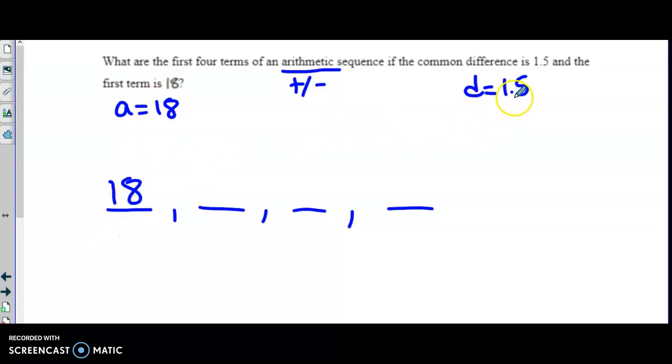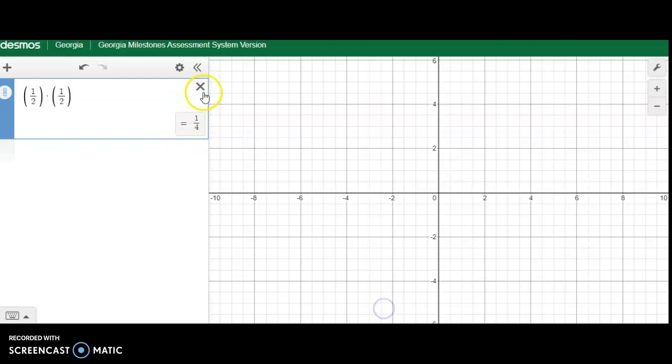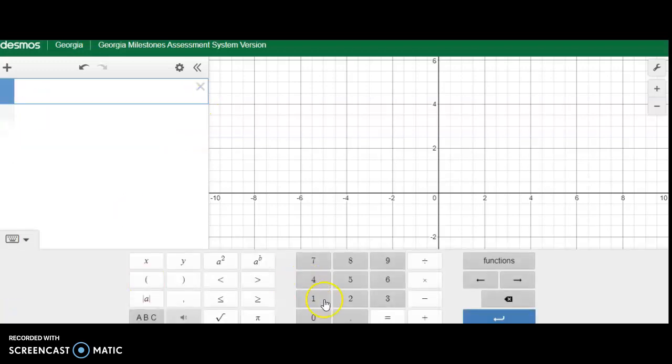Now, if the common difference is 1.5, that means that every time we find the next term, we're going to have to add 1.5. So I'm going to go ahead and make myself this little note. And then I'm going to go over to my calculator. So I'm going to do 18 plus 1.5. And I know some of you can do this in your brain.